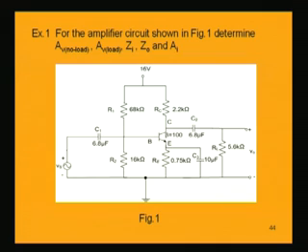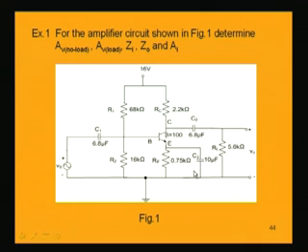In this amplifier we first have to draw the equivalent circuit in the small signal analysis. To be noted is that there is no series resistance in the source, and we will also not consider R naught because it is not mentioned.